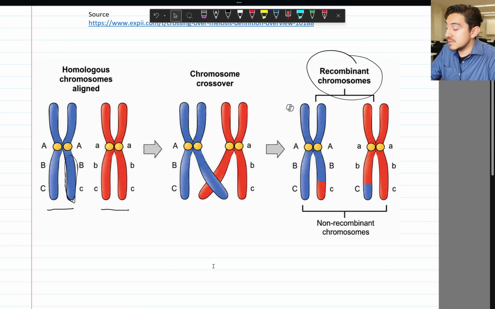As we go into chapter 14 and inheritance patterns, we're going to talk about how genes are usually represented by letters, and capital letters are dominant characteristics, and recessive characteristics are the lowercase letters. So in this particular case, you have the father that has all capital letters. Again, this is just a mistake here. This is capital C. The mother has recessive variations of the genes.